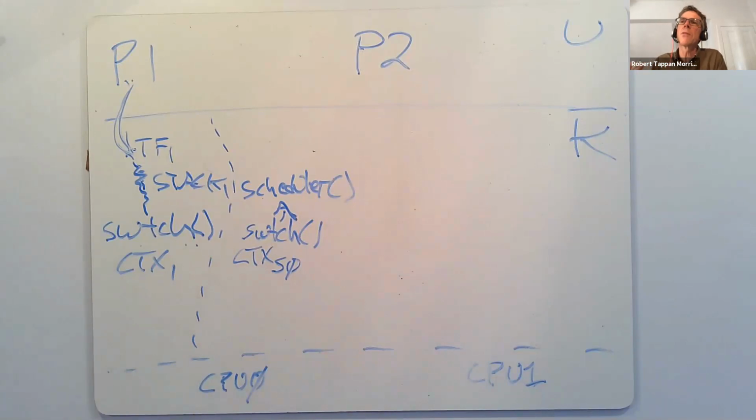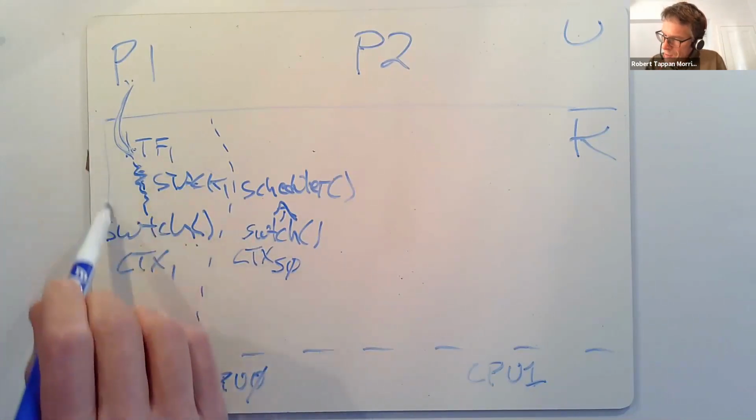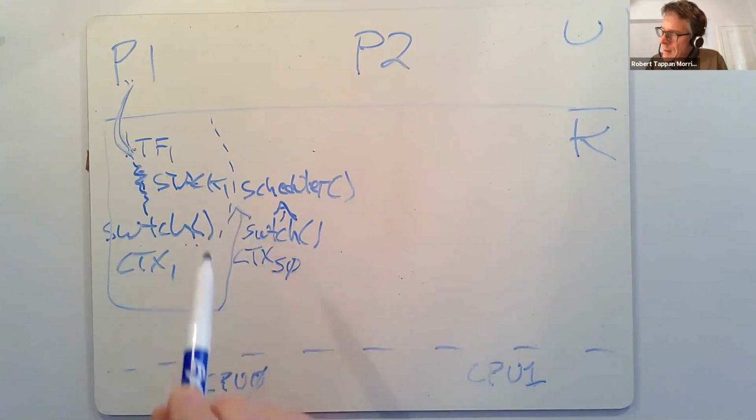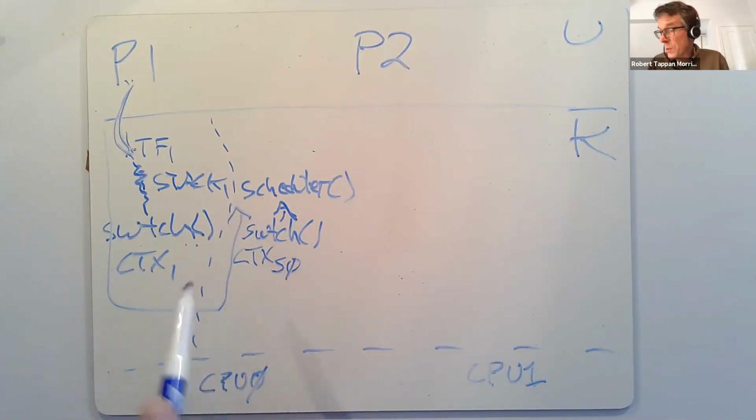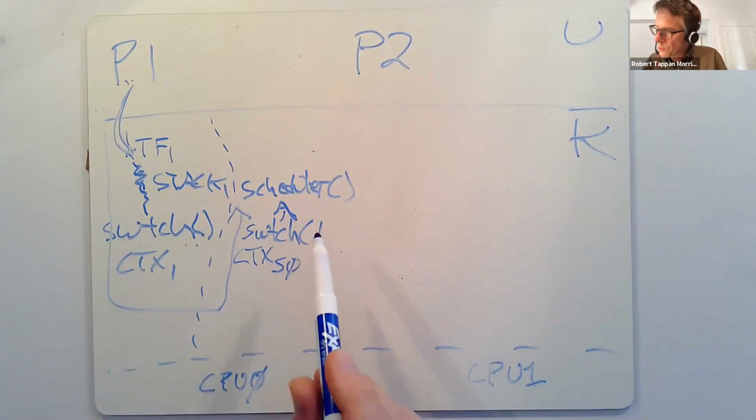And the scheduler function will do some cleanup to finish putting process 1 to sleep. Then it'll look in the process table for another process to run, a runnable process. And if it finds one, so we've gone down here and up into the scheduler. If the scheduler finds another process to run, or even, if process 1 is runnable and still wants to run, it may find process 1 if nothing else wants to run.